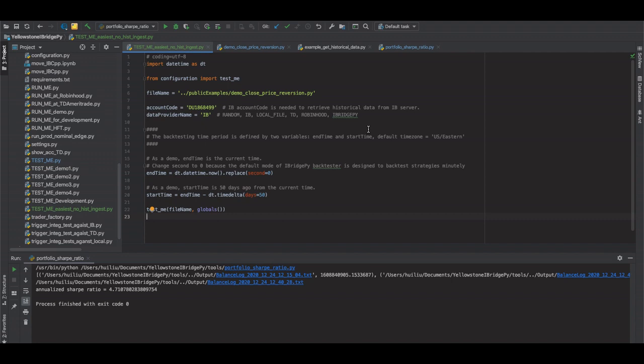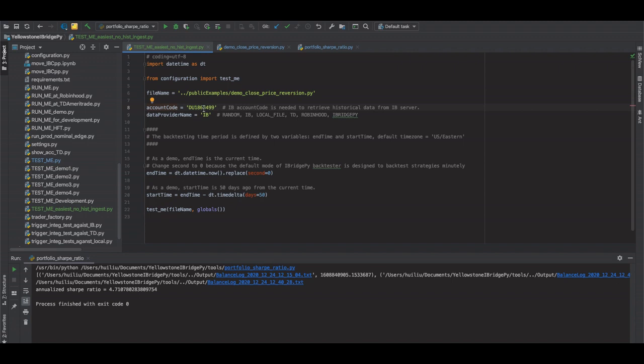There are only a few variables you need to define to run a backtesting. First, you need to define a file name, which strategy you want to backtest. And we want to test close price reversion, demo close price reversion.py. And this one is in my local folder, which is called public examples. Then you need to input your IB account code.